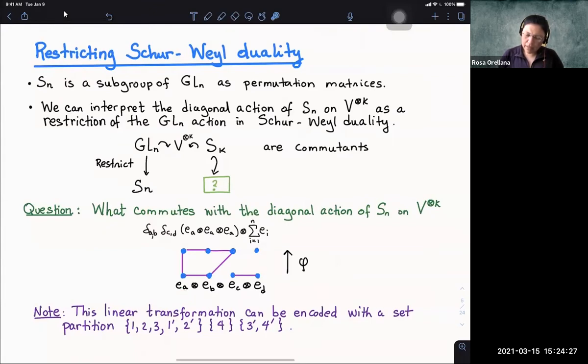For instance, this graph right here is encoding a linear transformation. These are the Kronecker deltas that tell me it's going to be 0 if this index is not equal to this index, and 1 if they are equal. So it's forcing this to be equal. Anything that has these two factors not equal will map to 0.